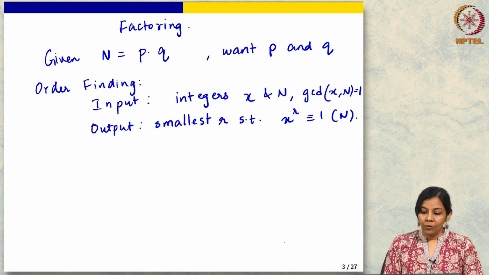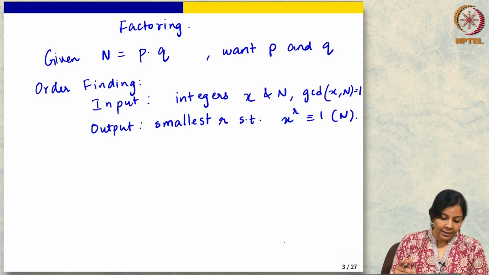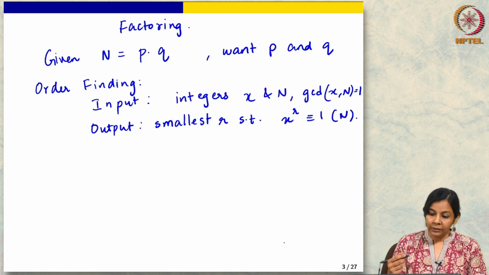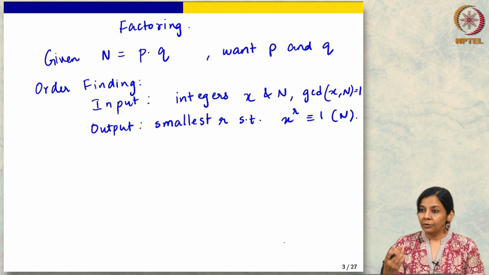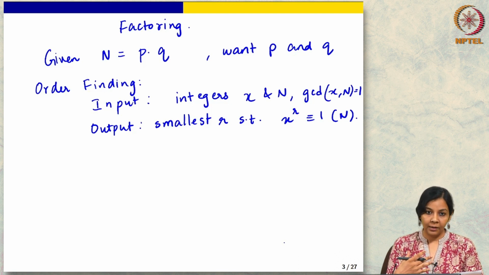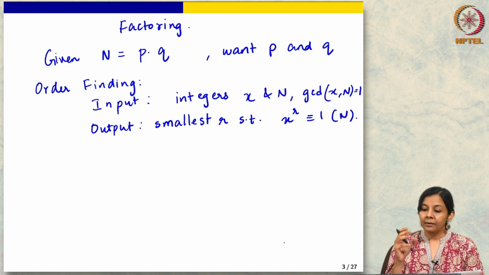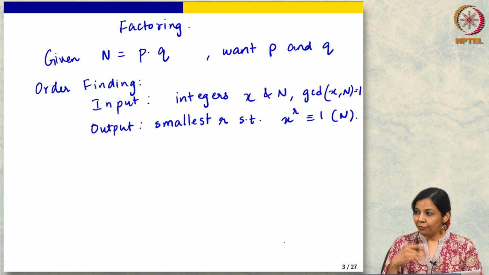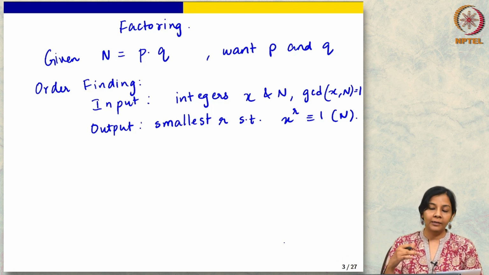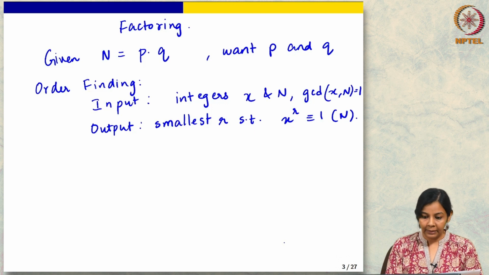So, what we said is that given an algorithm that will solve the order finding problem, we can factor n, and note that this part will be classical. So, if we can find the order, then the reduction from factoring to order finding is classical.